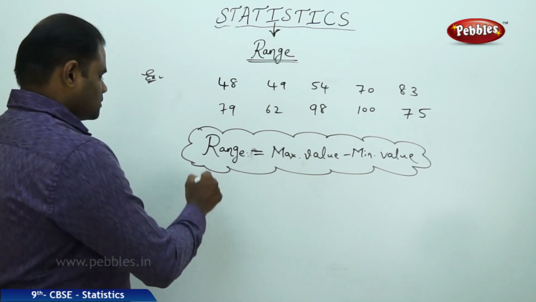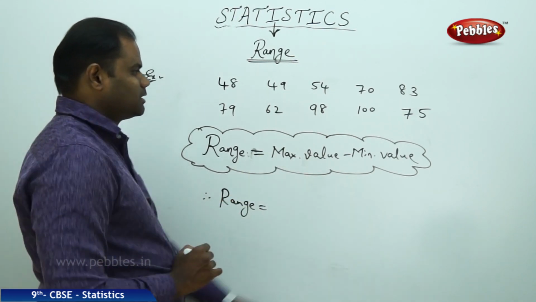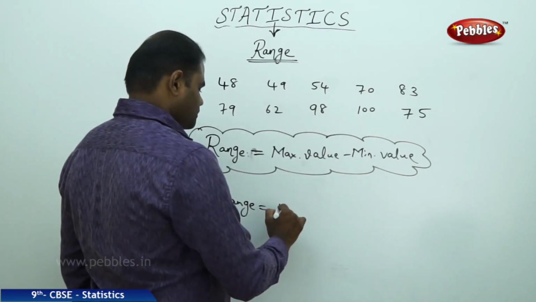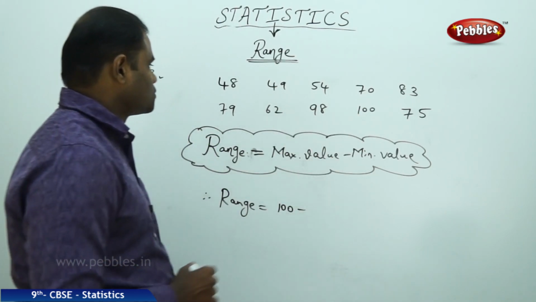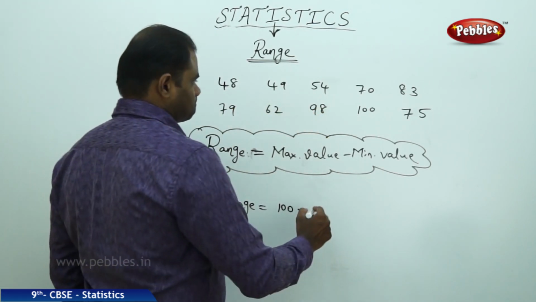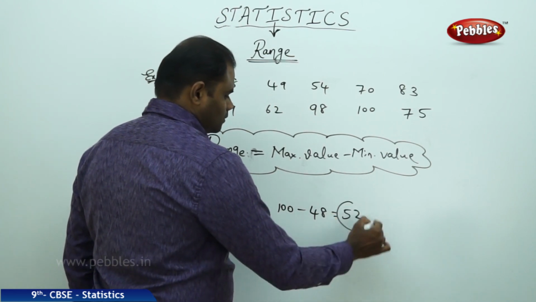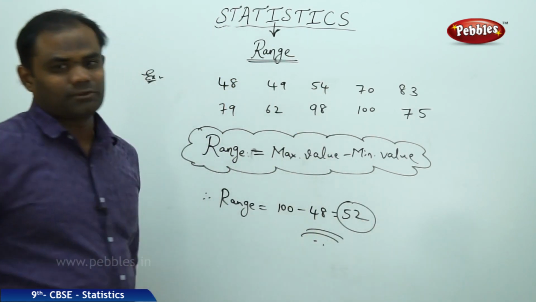In this case, the range would be the highest value, which is 100, minus the lowest value, which is 48. Therefore, my range is 52.